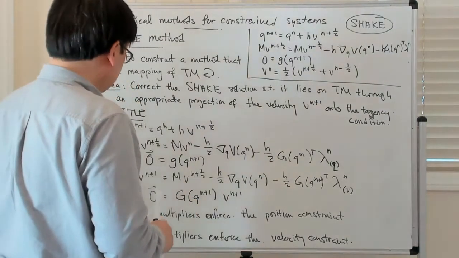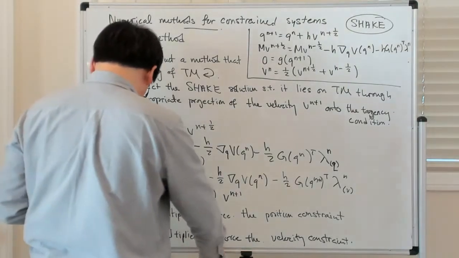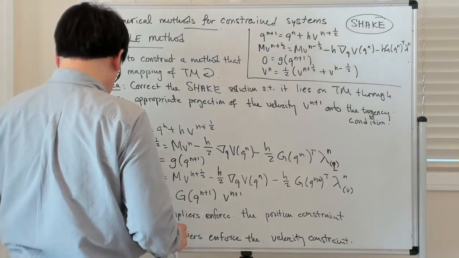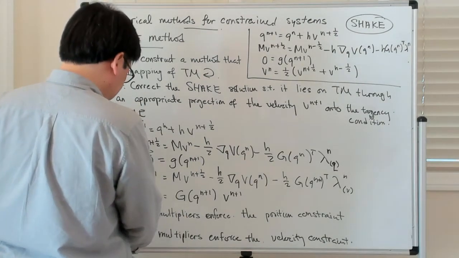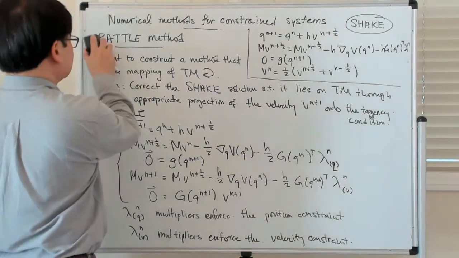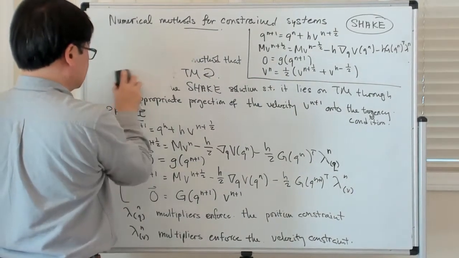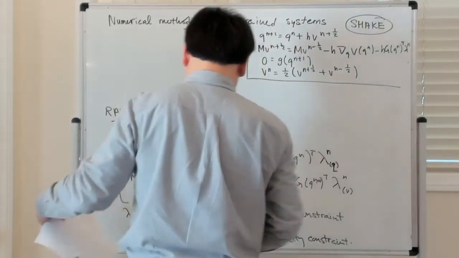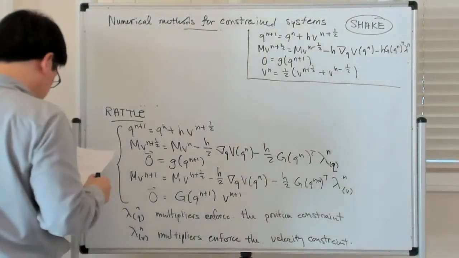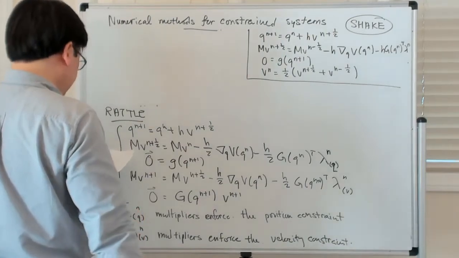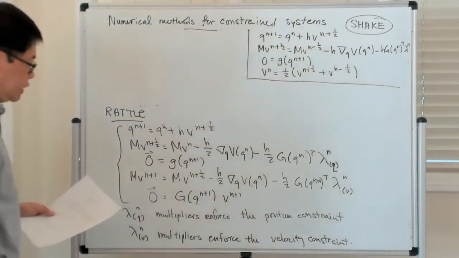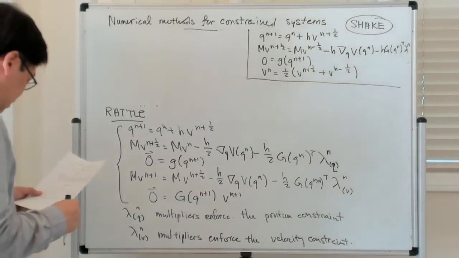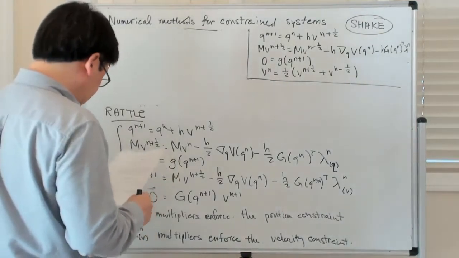So let's see what you can do with this. In particular, how do you solve for these velocity multipliers? As you might expect, as before, you can solve for these multipliers by solving some linear system.